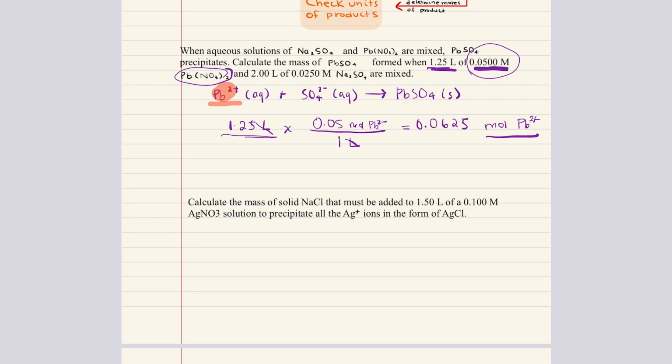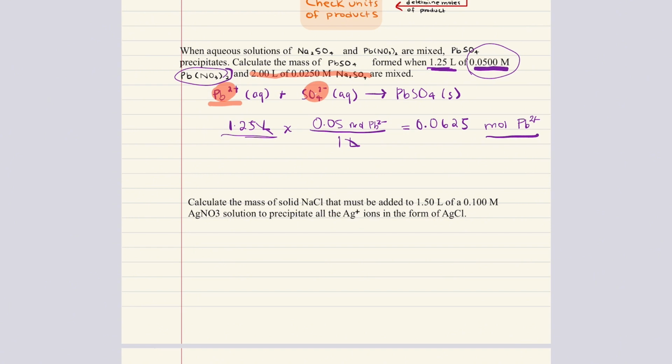Now let's do the same thing with sulfate. Now we're given that we have 2 liters and 0.025 molarity of sodium sulfate. But again, we know that this can be extended just to the sulfate ions. So what we have is 2 liters of sulfate ions at a concentration of 0.025 moles of sulfate per liter.